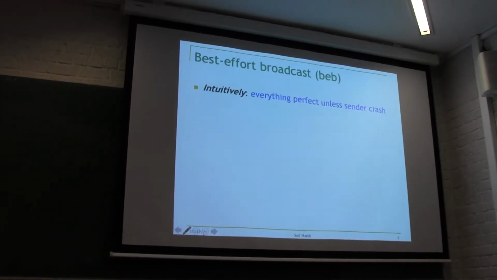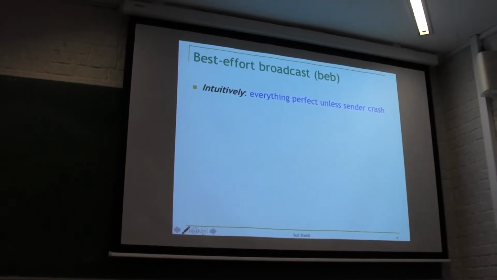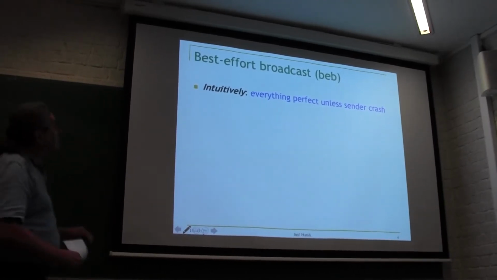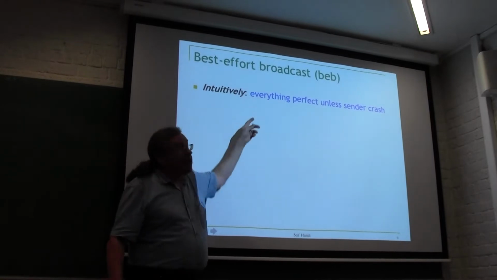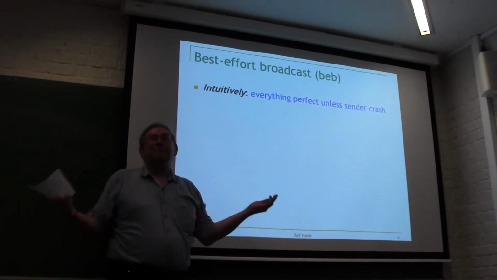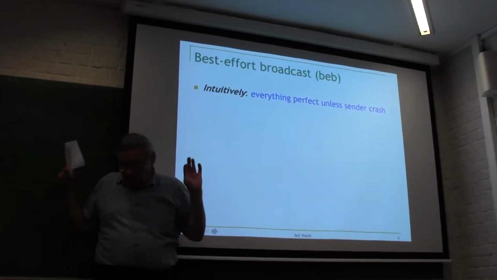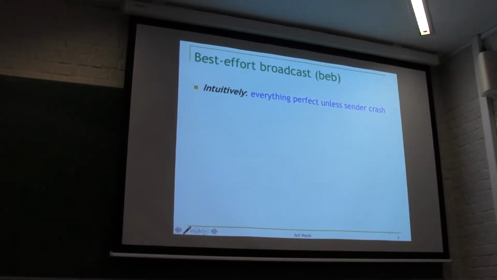So here there are going to be 3 properties. The intuition is very simple: everything works if the sender does not crash. Maybe you think that's enough for me. As long as the sender does not crash, everything's fine. That's the intuition for this one.